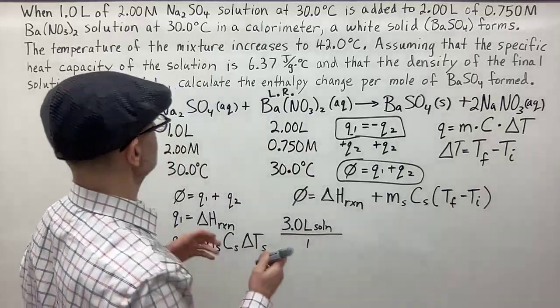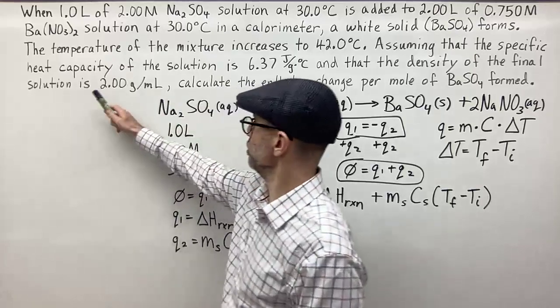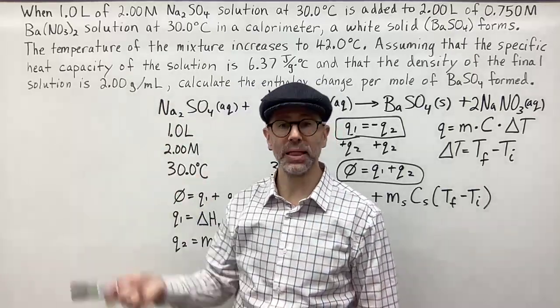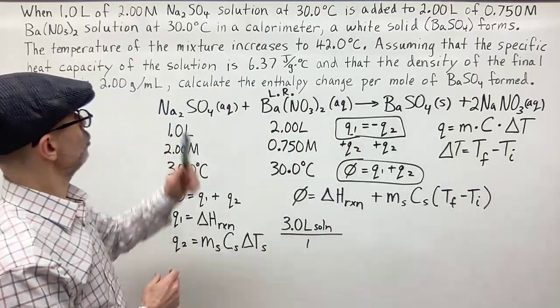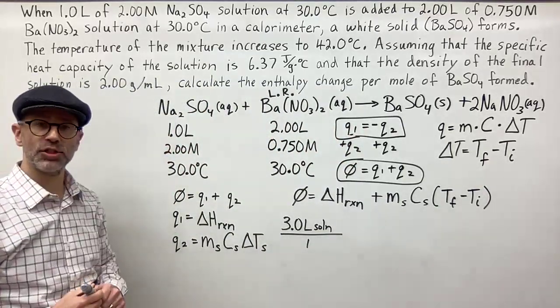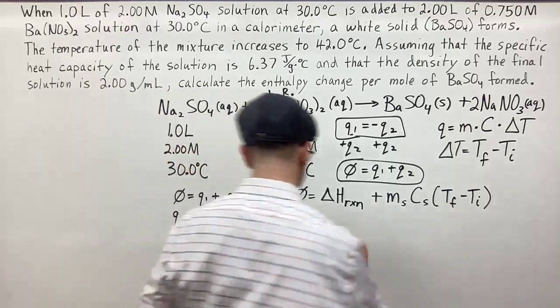And they gave us the density of the solution. Where's the density? Right here. So we know the solution is 2.00 grams per milliliter. So I have to convert to milliliters, and then I can use the density as a conversion factor to convert to grams. That will give me the mass of the solution.